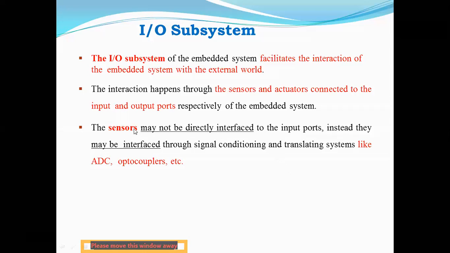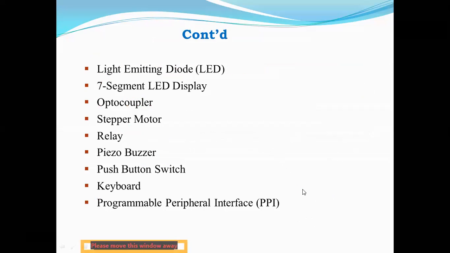One thing I want to tell you is that the sensor cannot be connected directly to the embedded system. In between, isolation circuits come into the picture, which is called an optocoupler. We will see that in the next slide. So next we will go here.